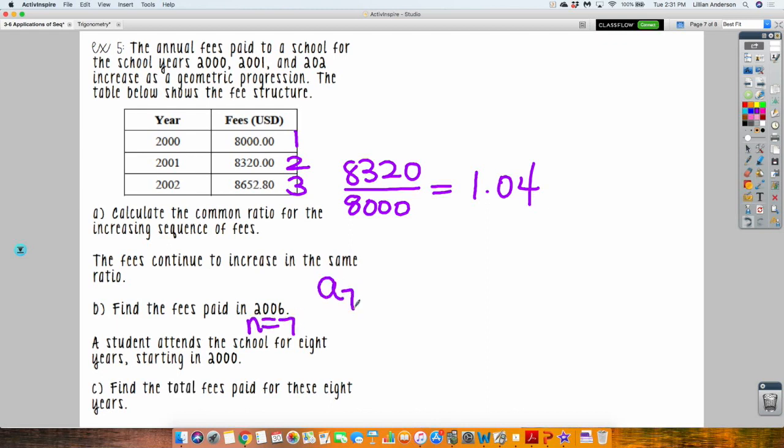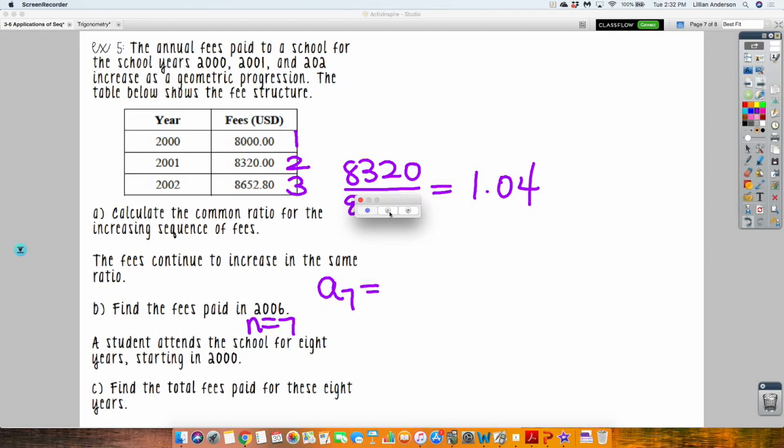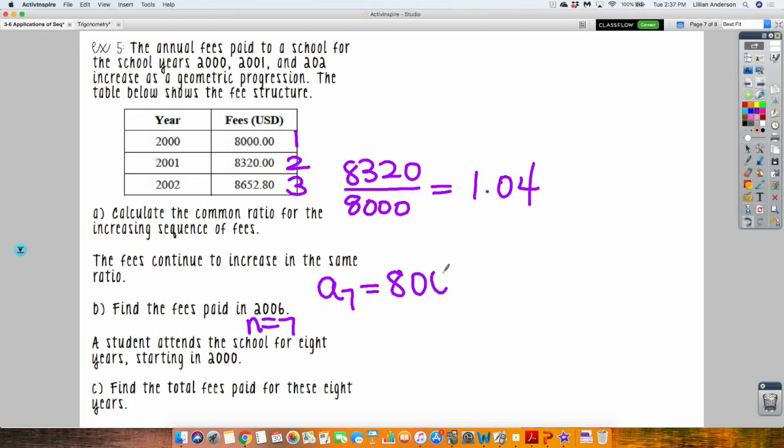2006 is what term? Very good. It is the 7th. It is not the 6th if you're considering 8,000 to be the first term. So this is 7, which means you need to do A sub 7 to find our answer. Go ahead and do that now, and while you're at it, go ahead and find C as well.